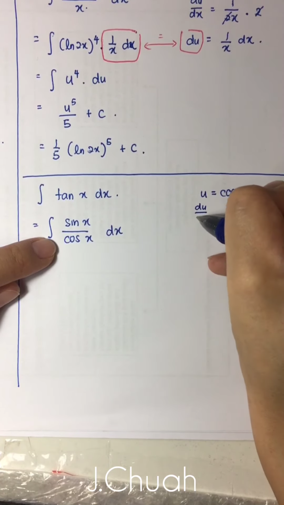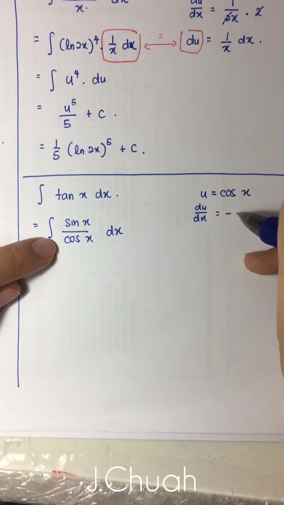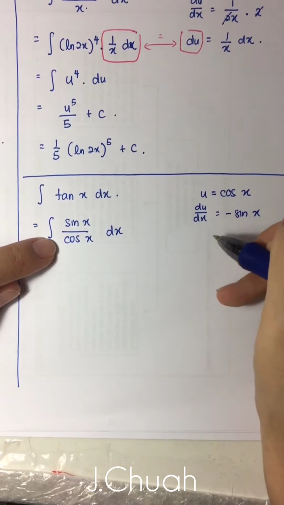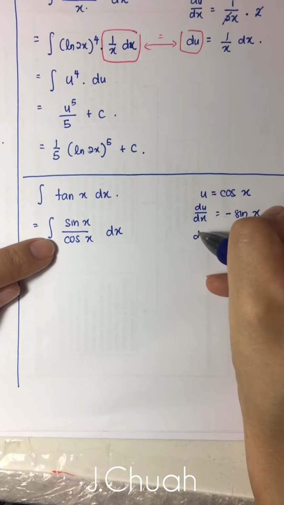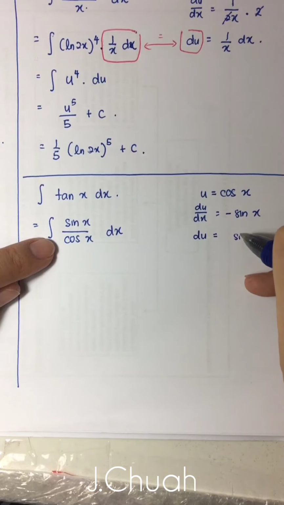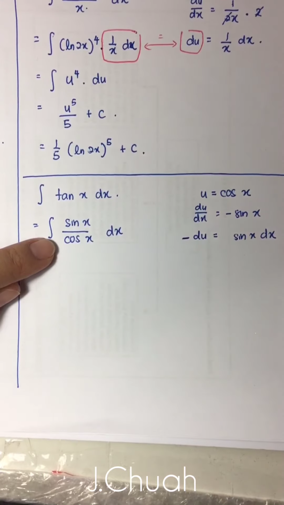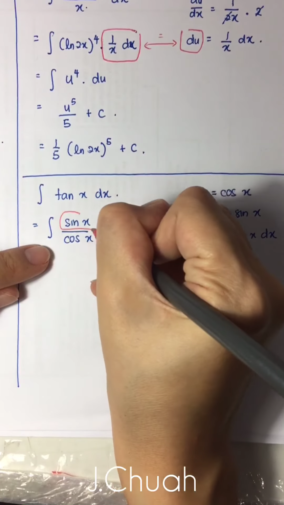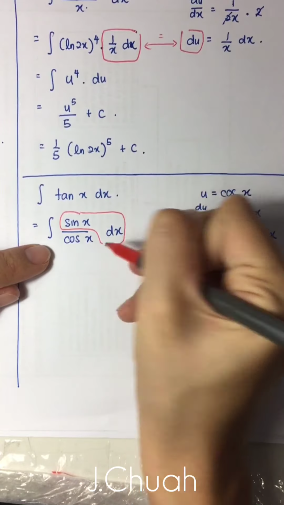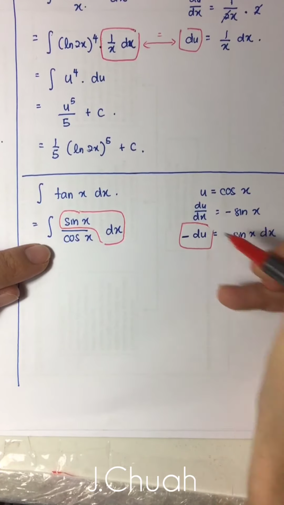If you differentiate it, you will get negative sine x. So if you rearrange it, you will get negative du equals sine x dx, and we move the negative to another side. Why? Because we're going to recognize this one to be this one.